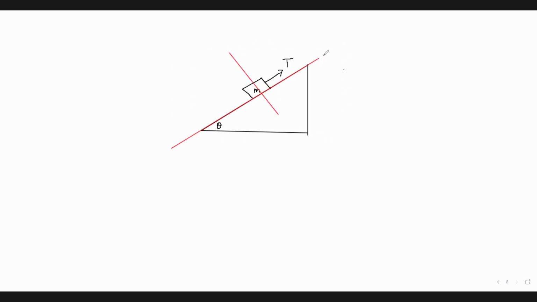So this is the x-axis and this is the y-axis.